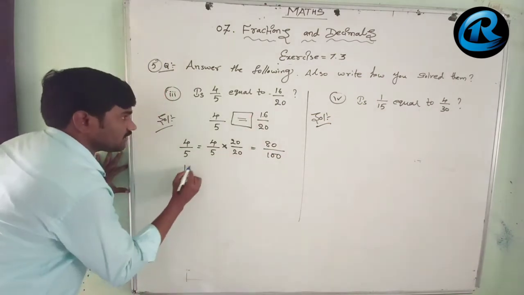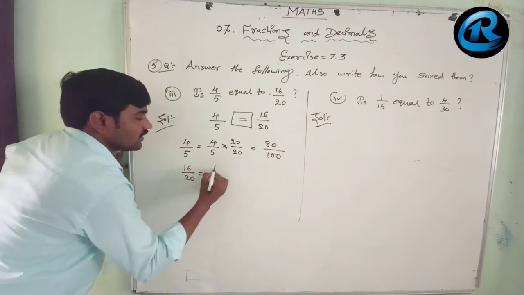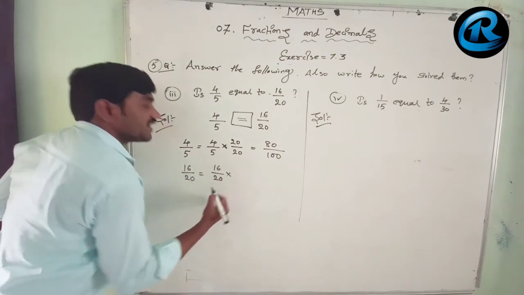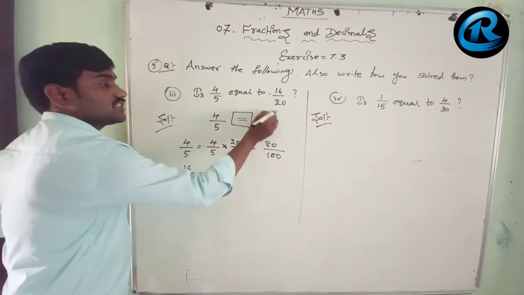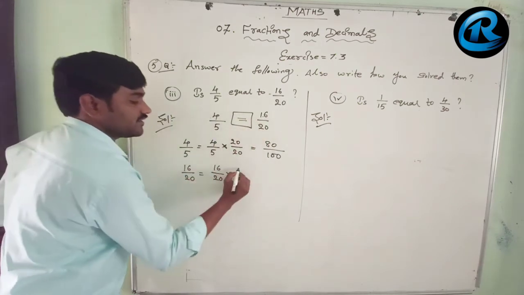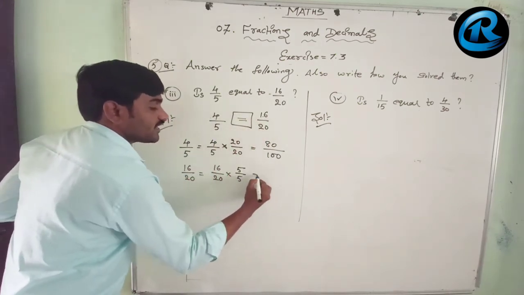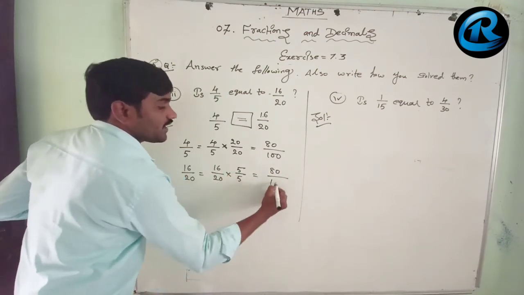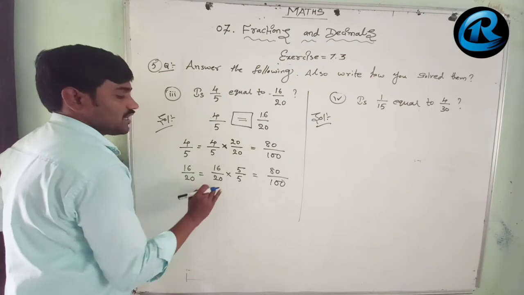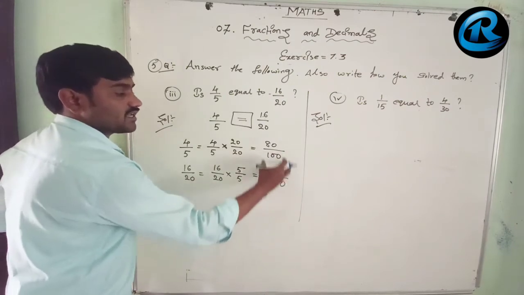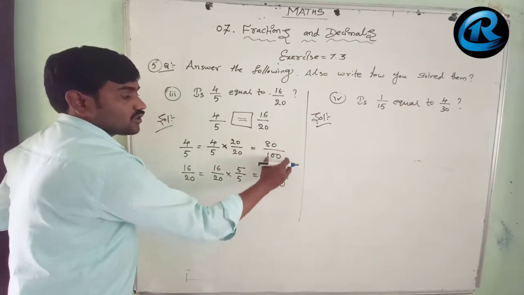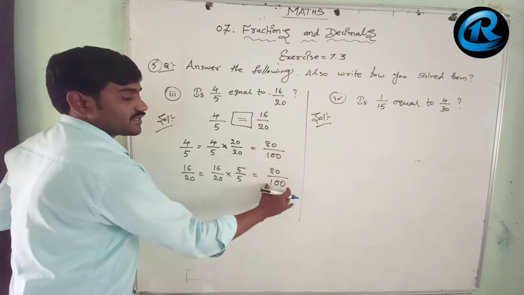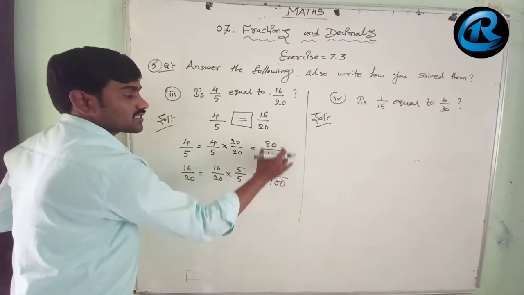Next take the 16 by 20. For this fraction you have to multiply the first denominator 5 to the numerator and also the denominator. 16 into 5 is 80, by 20 into 5 is 100. So the denominators are equal; they become like fractions. Now let us compare the numerators.